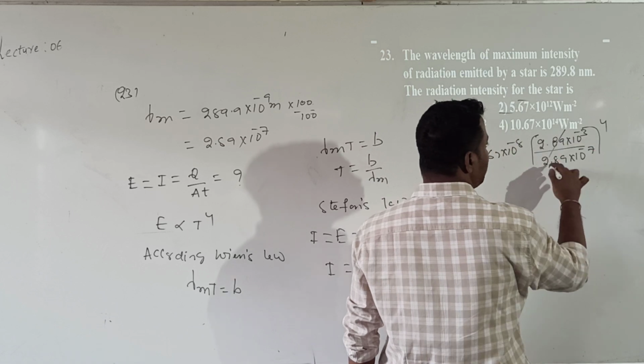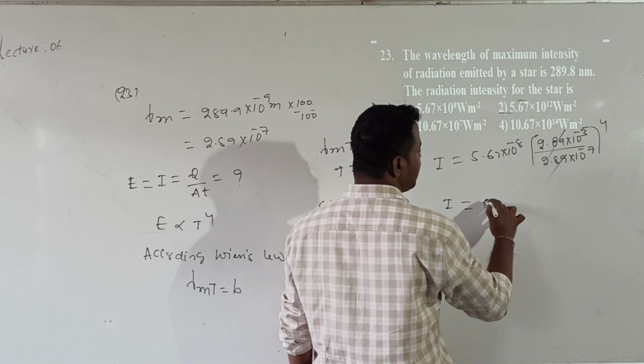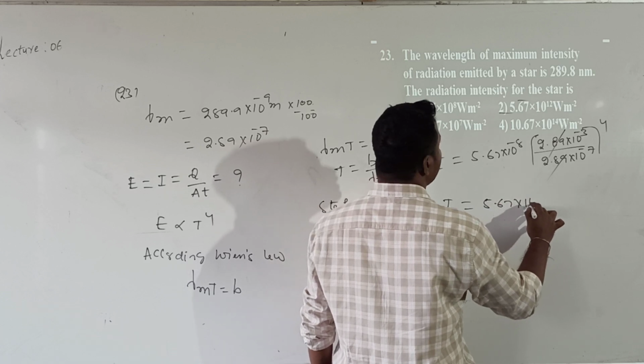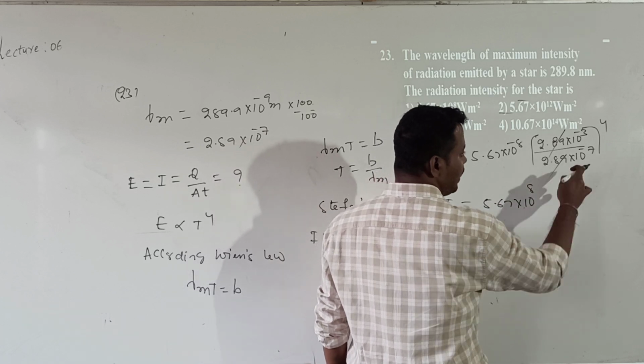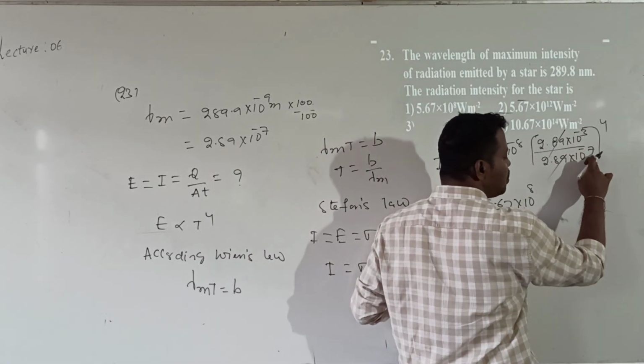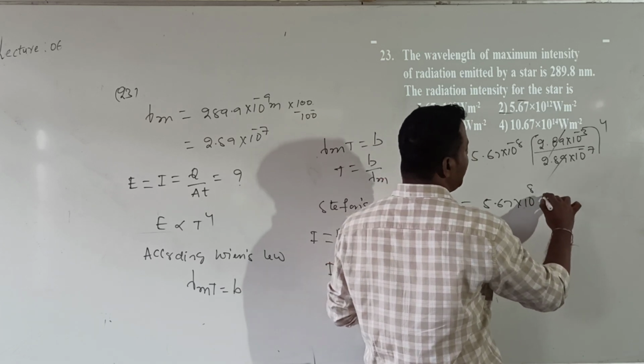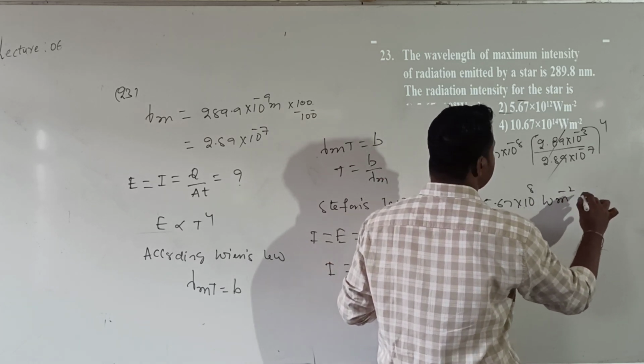To simplify this, 2.89 cancels. After simplification you get 5.67 into 10 power plus 8. This 10 power minus 7 whole power 4 means 10 power minus 28, which comes to the numerator, so the answer is 10 power plus 8 watt per meter square.